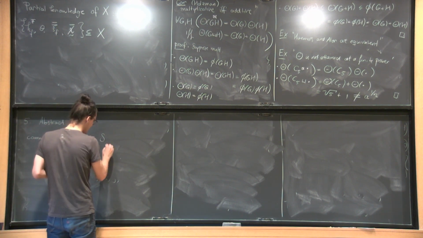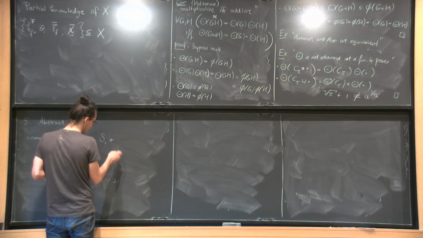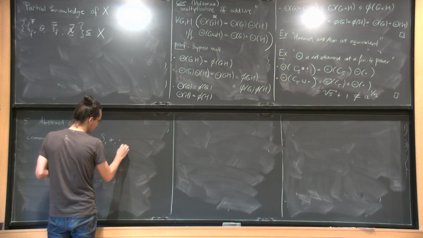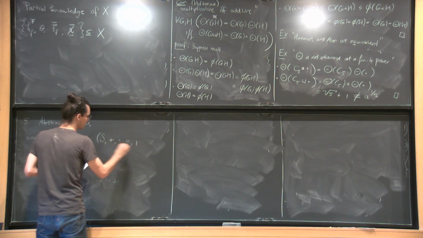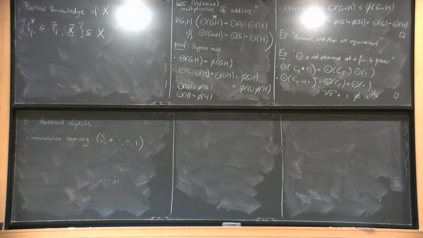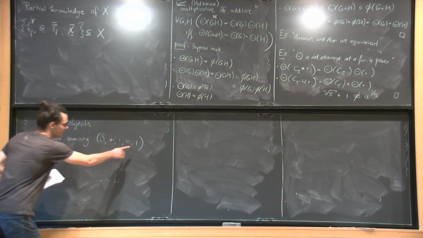We have a set, we have some addition defined on it, some multiplication. We have an additive unit and a multiplicative unit. These have to interact nicely. That's what semi-ring means. It's like a ring, but there's no additive inverse. So there are no inverses. We can use this element 1.